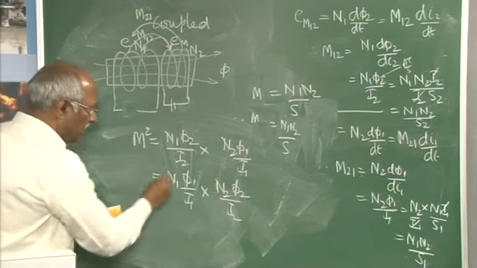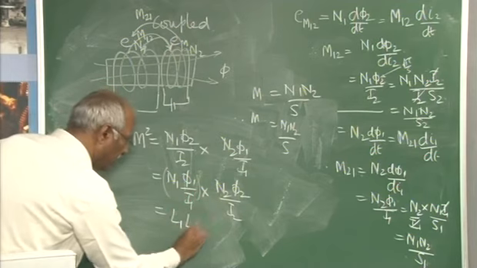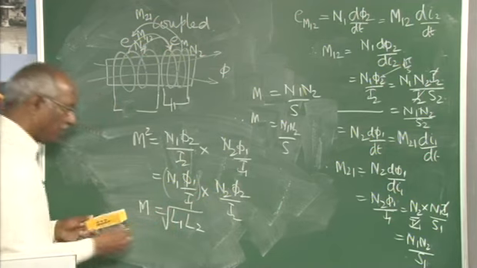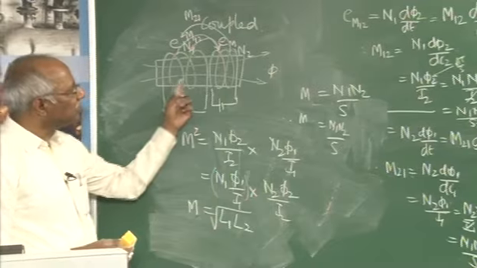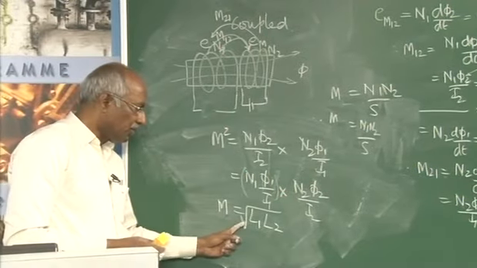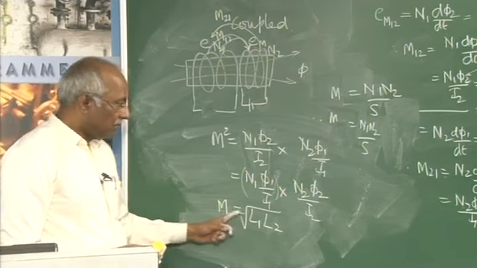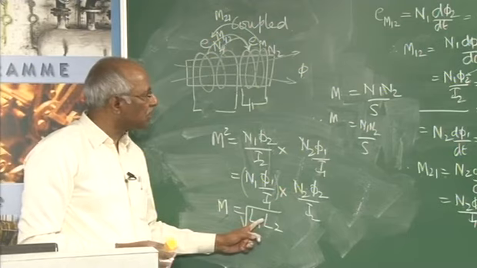As such, this is nothing but L1, while this is nothing but L2. Therefore, M is equal to root of L1 L2. That means the mutual inductance in terms of self inductance is the square root of L1 and L2. So, that is the relation between the mutual inductance and the self inductances.